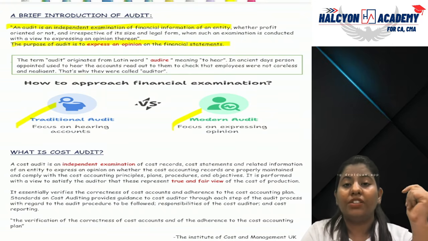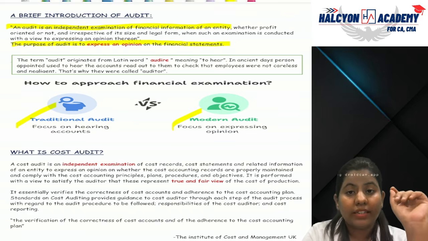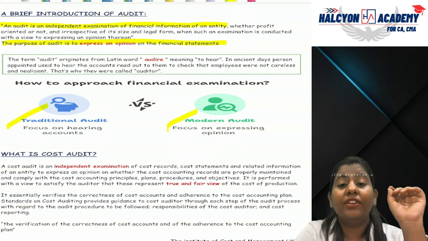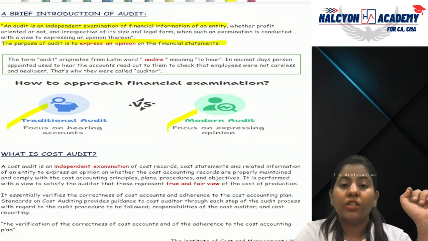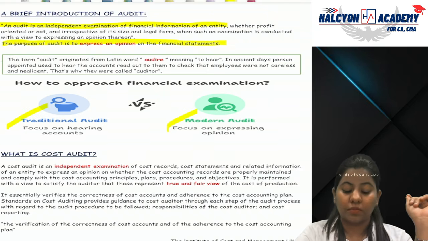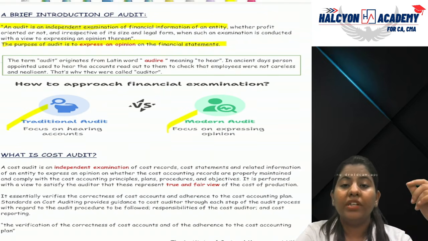The government, banks, financial institutions, everyone relies on the audited data only, because the shareholders have invested their money in the business, so they have the right to know what the company is doing with that money, how the company is performing its operations.